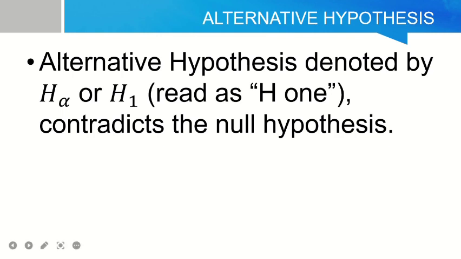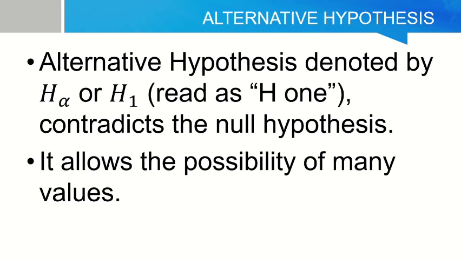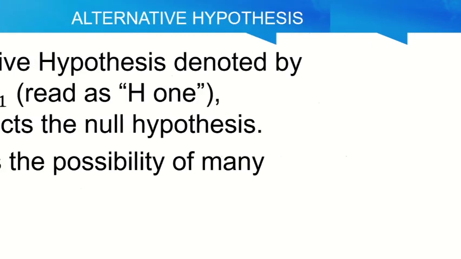So, alternative, from the word contradicts itself, it is opposite of null hypothesis. So meaning, in conclusion, meron siyang significant difference. So in other words, it allows the possibility of many values. Alright?